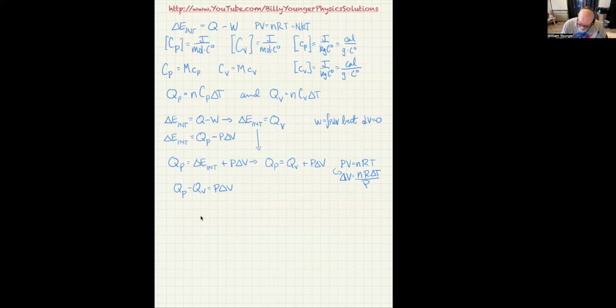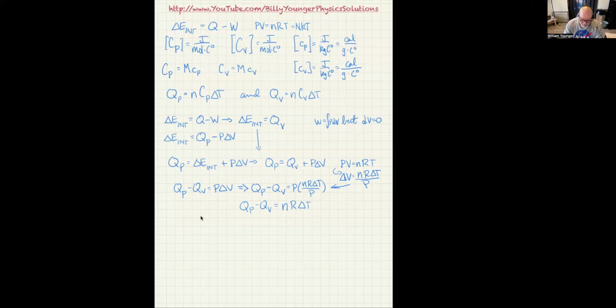So I can now plug that delta V into the formula that we had just worked out, and from that we're going to get Q_P minus Q_V is equal to P times nR delta T over P. So Q_P minus Q_V is just equal to n times R times delta T.